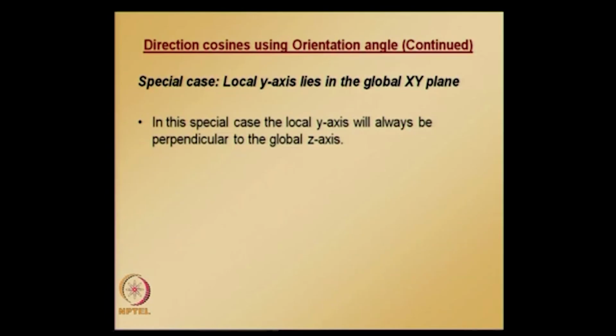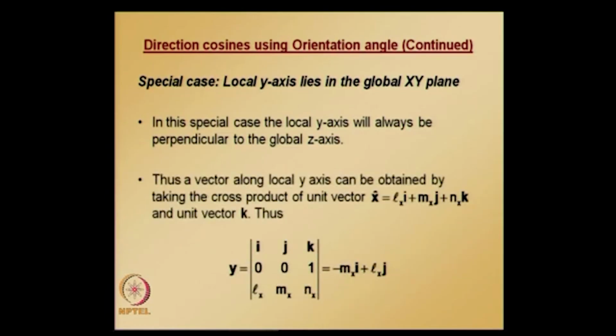So, a vector along the local y axis can be obtained by taking the cross product of the unit vector along local x axis, which we just calculated using Lx, Mx, Nx, and a unit vector along global z axis.